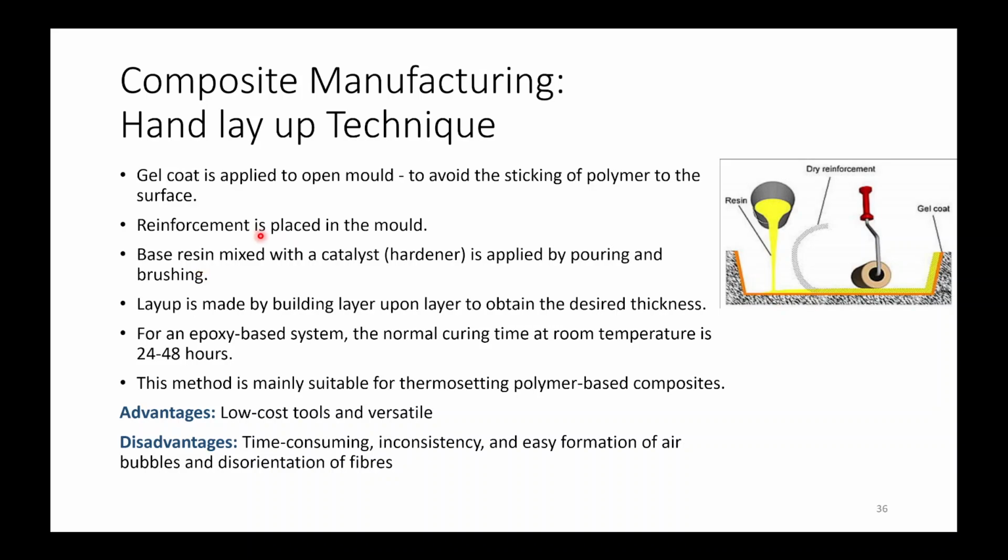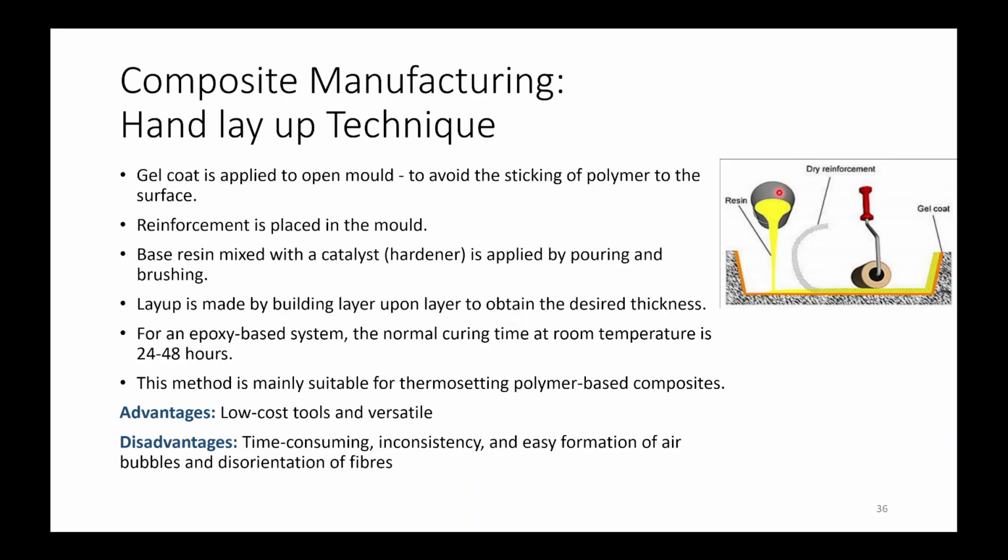Now reinforcement is placed in the mold. So first this reinforcement will be placed and then base resin mixed with catalyst. This container will be containing resin and a catalyst which will act as hardener.